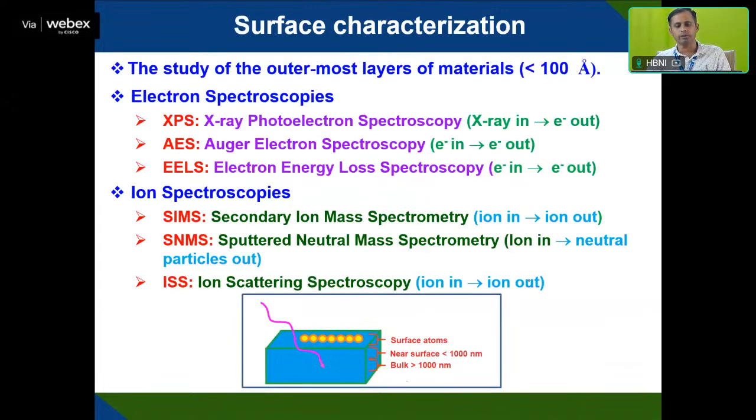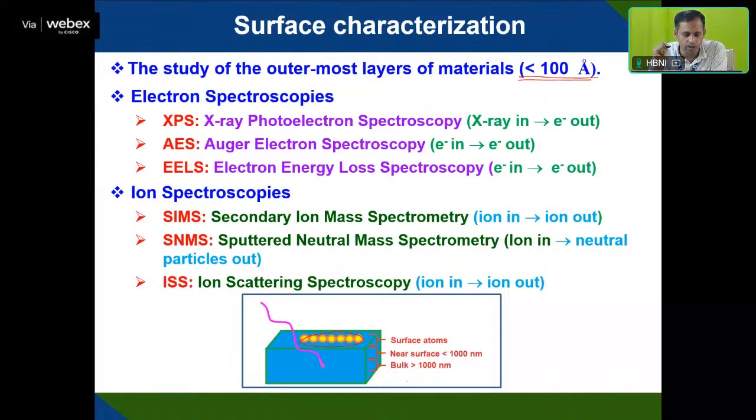Surface characterization is quite essential because surface study mainly involves the outermost layer of the material, which is less than 100 angstrom. In this 3D structure, the surface atoms that lie on the top surface have a thickness of less than 100 angstroms.